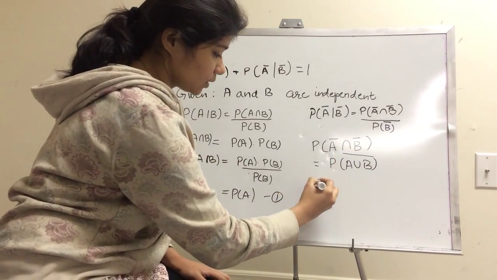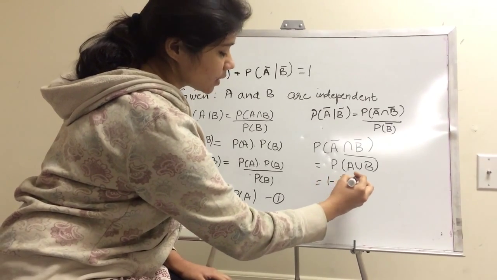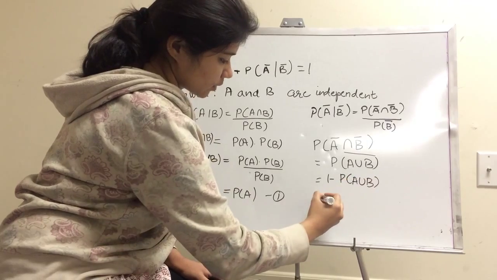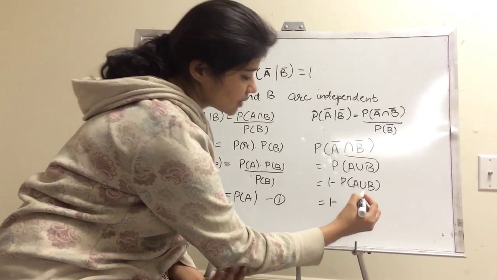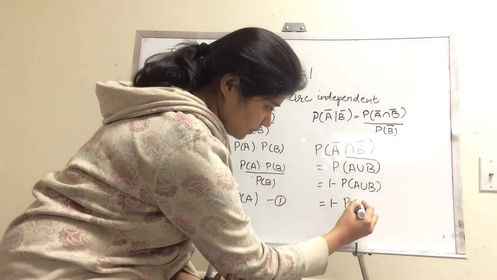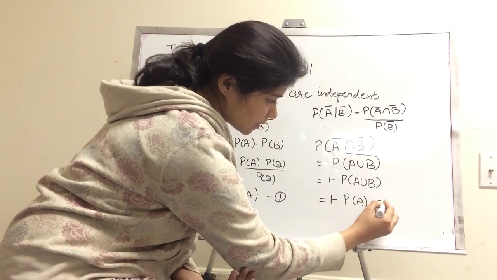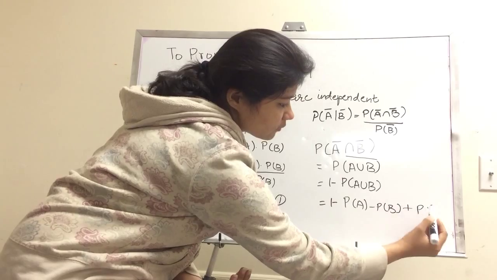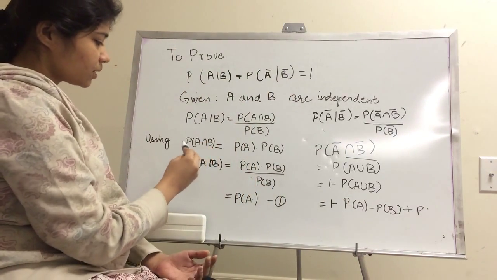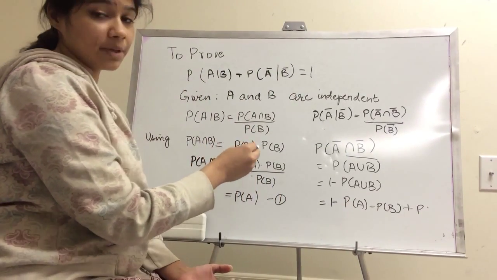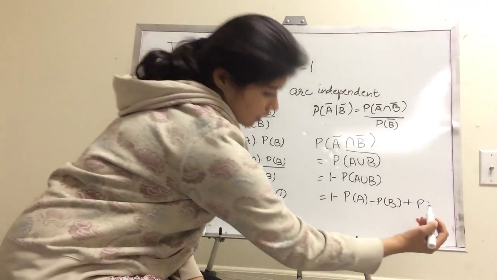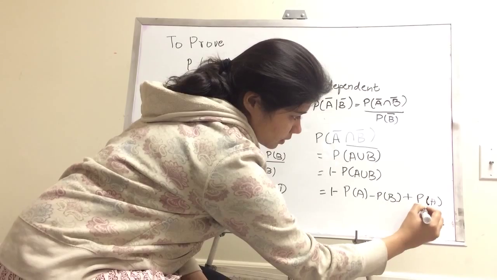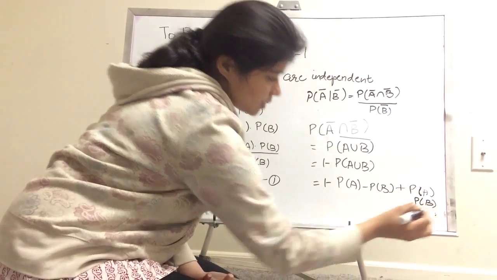That is, it is equal to 1 minus probability of A union B. So I can write it as 1 minus probability of A minus probability of B plus probability of A intersection B, but using probability of A intersection B equals P of A into P of B, therefore I have this.